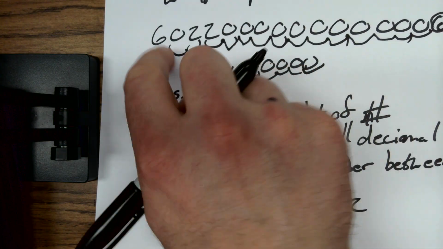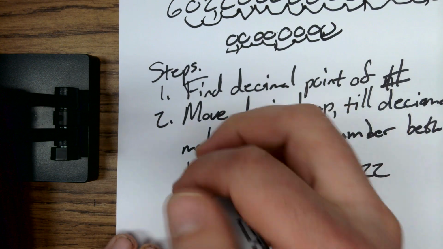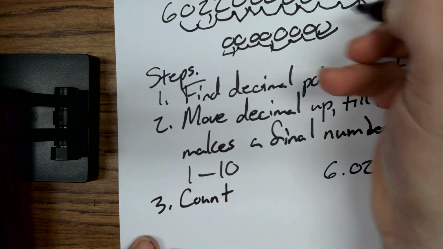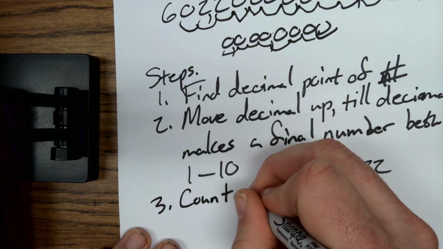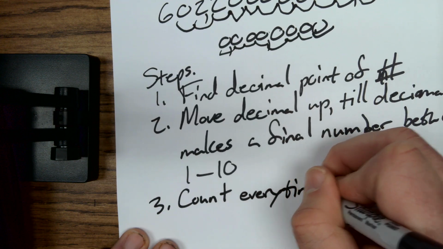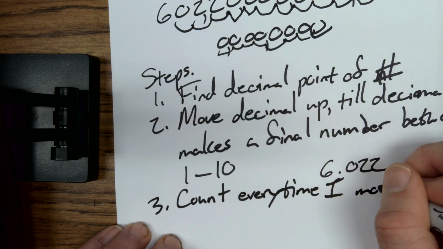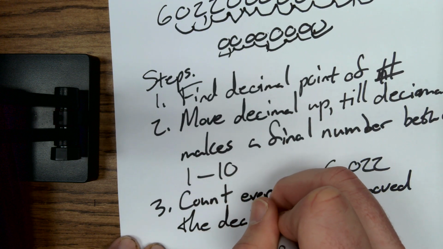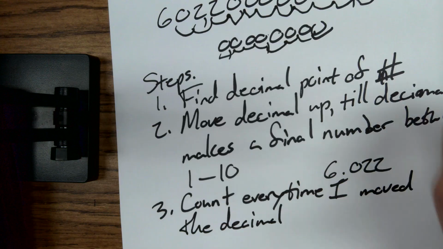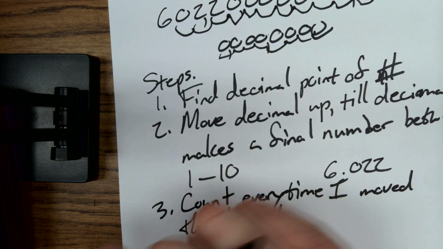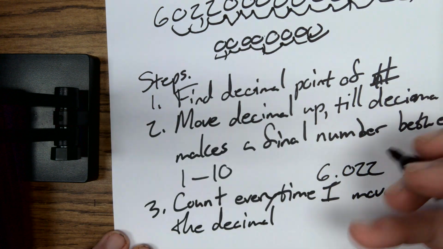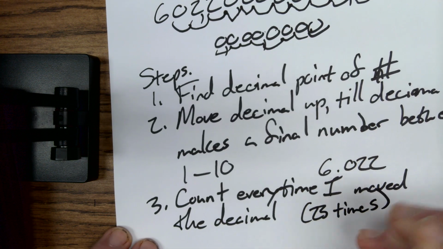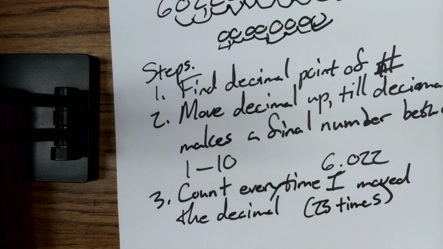I move my decimal point to here, and I count every time I move my decimal. I wanted to count 23 times. So I had 22, I had to add an extra 0, so I moved it 23 times. That's my power of 10.